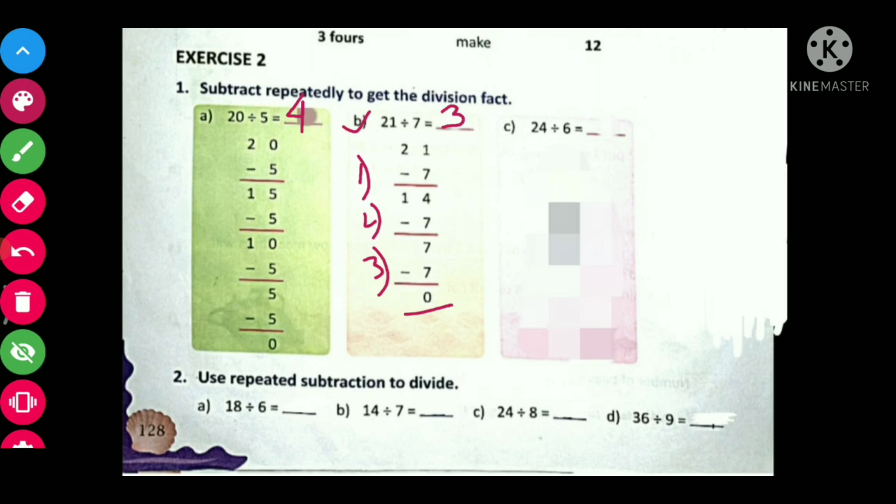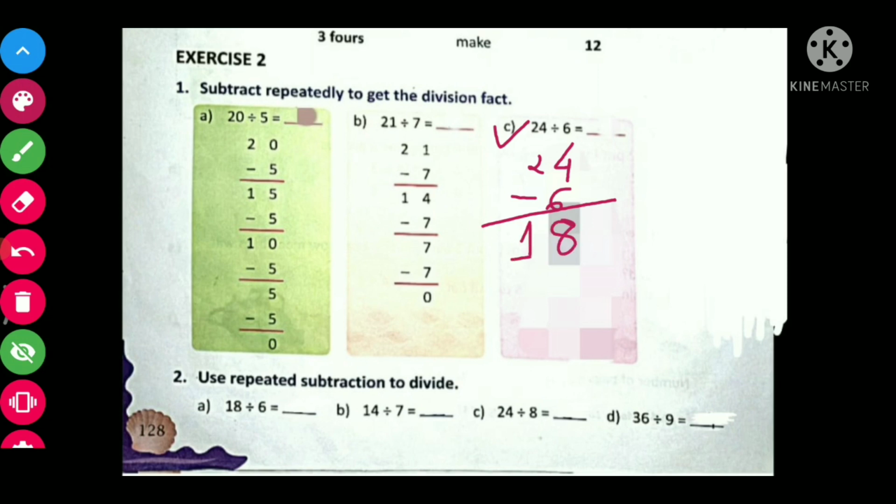Now see part C. Here we need to do subtraction repeatedly until we get 0. We'll subtract 6 from 24, 24 minus 6, we'll get 18.